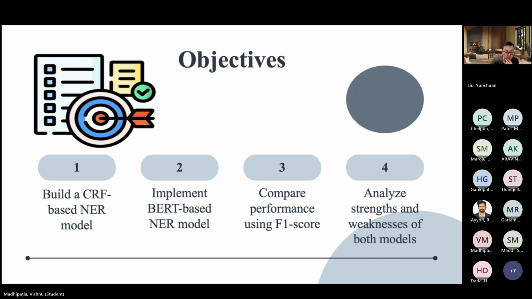Third, to compare both models using evaluation metrics like precision, recall, and F1 scores. And finally, to analyze the strengths and the limitations of each model to understand where they perform the best.